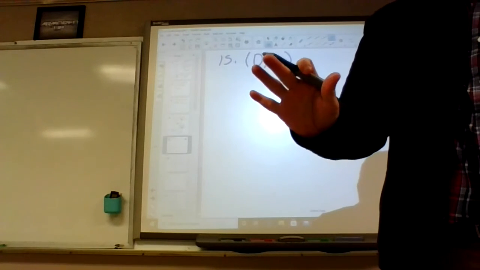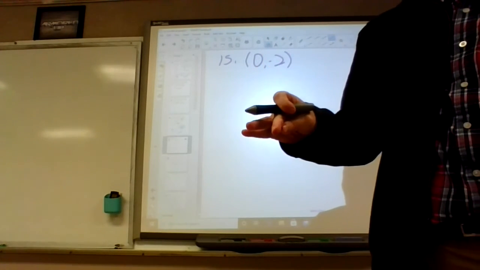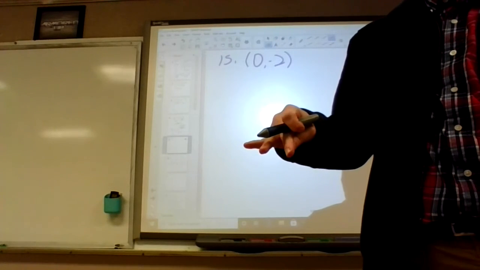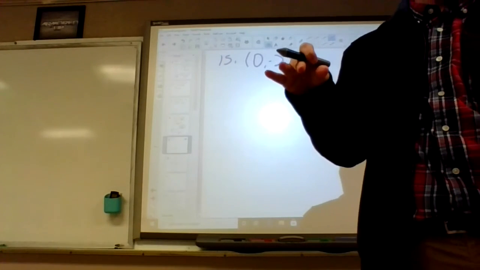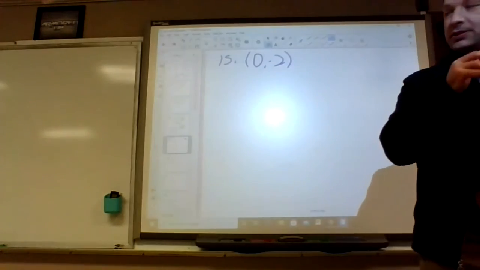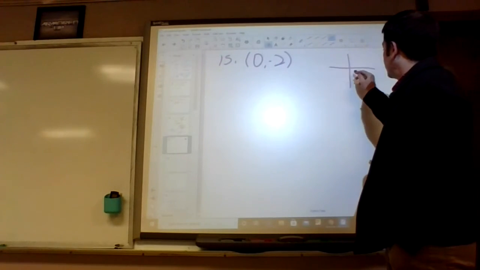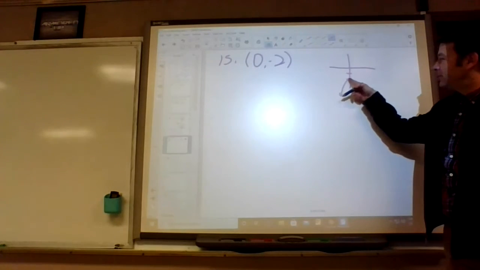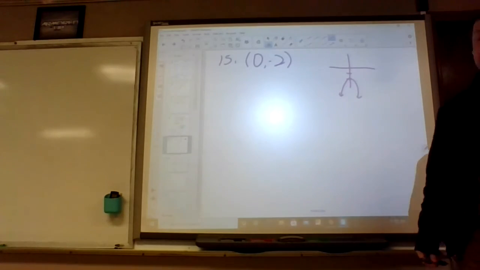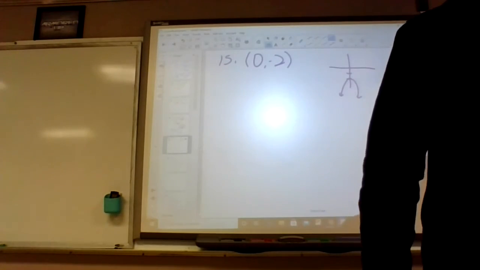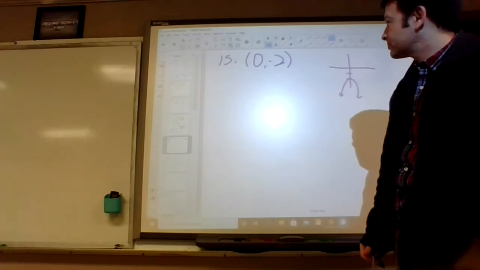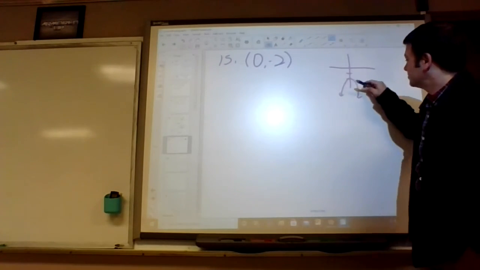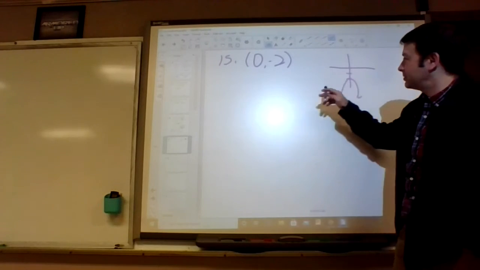Okay, we should look at it opens downward. They wrote that for us, right? So you got to get that in your head. 0, -2 is the vertex. It opens downward, so we sketch it out. It looks something like that. So what's the range? Any y is less than or equal to -2. All the y values less than or equal to -2.